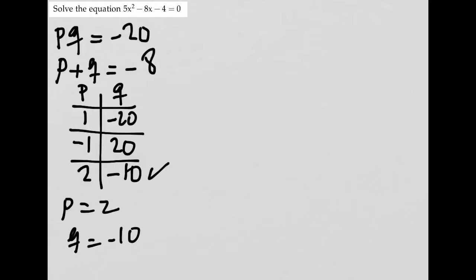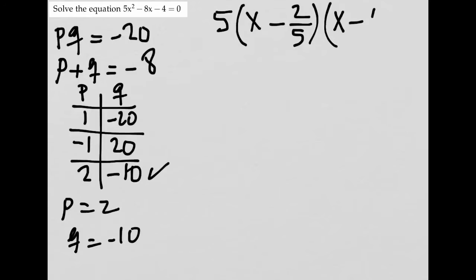So we factor as follows: 5, remember the leading coefficient, we're going to need to multiply and divide accordingly, times x minus 2 over 5, times x minus 10 over 5 equals 0.